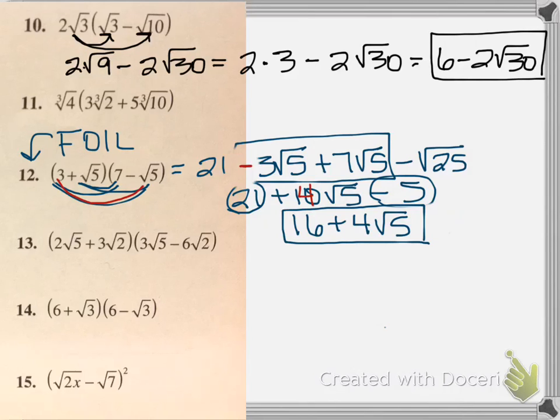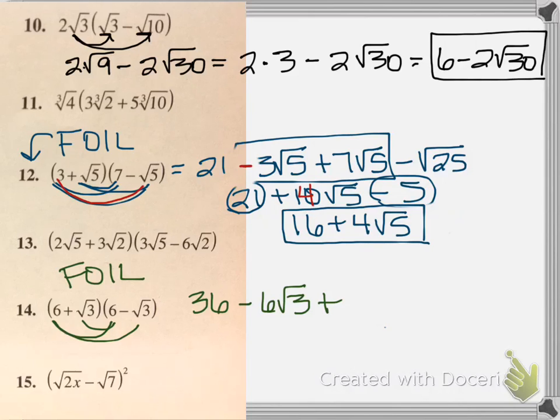Now let's look at number 14 on the list. It's a FOIL problem as well. So first term, 6 times 6 is 36. My outer terms would be a negative 6 square root 3. My inners would be a positive 6 square root 3.